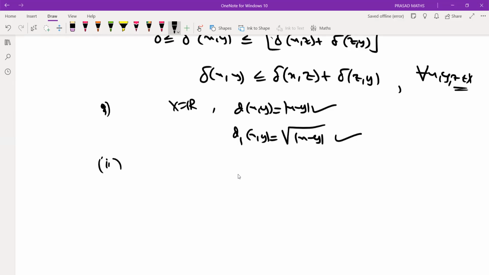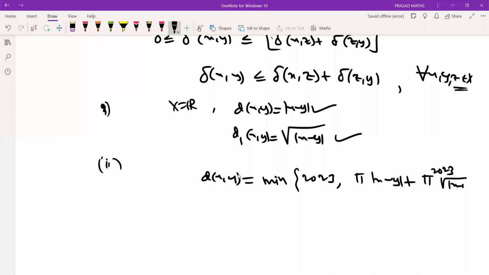కదా. ఇప్పుడు ఇట్లా తీసుకున్నారు అనుకోండి, ఫర్ ఎగ్జాంపుల్ d of x y is equal to, suppose 2023 ఇయర్ పెట్టిస్తాడు ఏదో ఒకటి, mod of x minus y plus 5 for 2023 into square root of mod of x minus y.